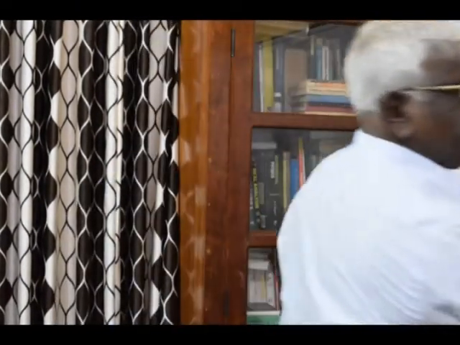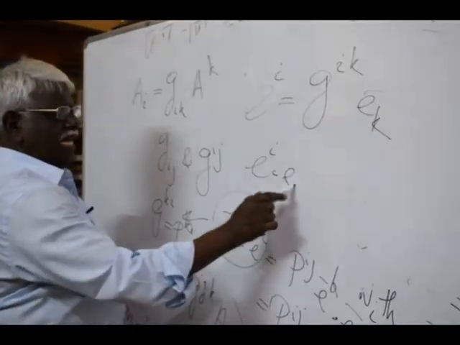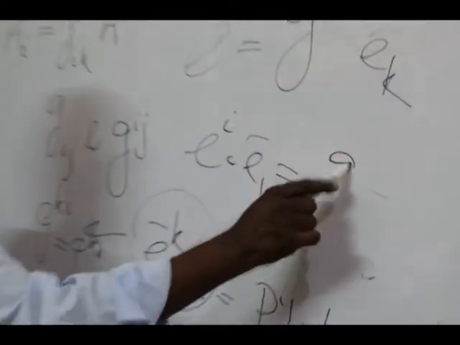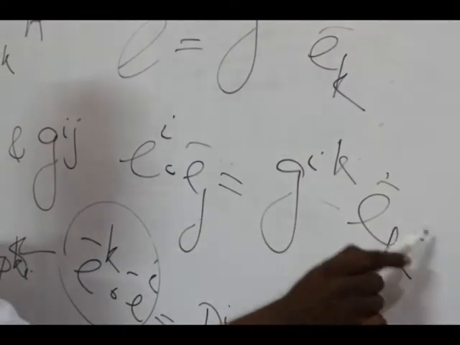Now dot on both sides with Ej. Then we have Ei dot Ej is equal to Gik Ek dot Ej.